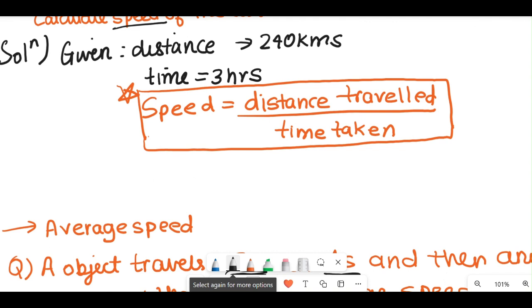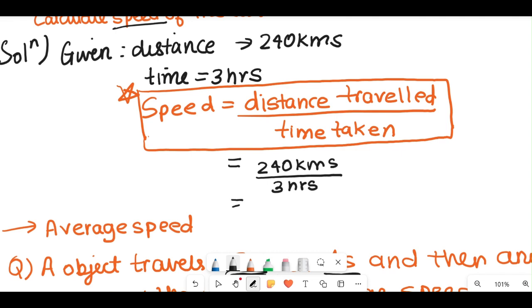Now, the distance we have traveled is 240 kilometers and the time is 3 hours. Therefore, 3 eights are 24. So we get 80 kilometers per hour as your speed.